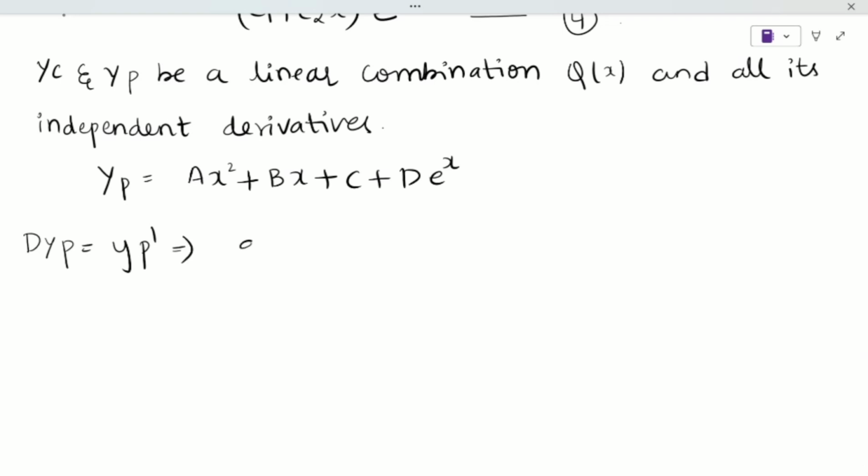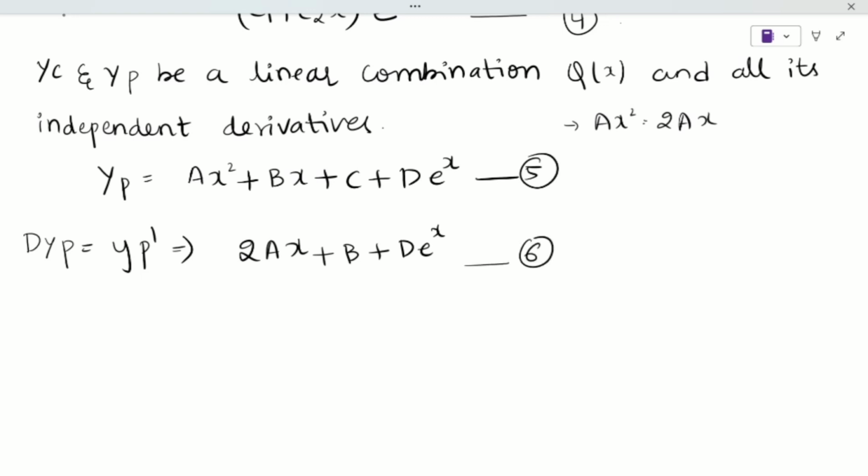Now D yp means differentiating yp. yp dash equal to: ax square derivative is 2ax, plus bx is b, c is 0, plus d e power x. I am taking yp as equation 5, D yp as equation 6.